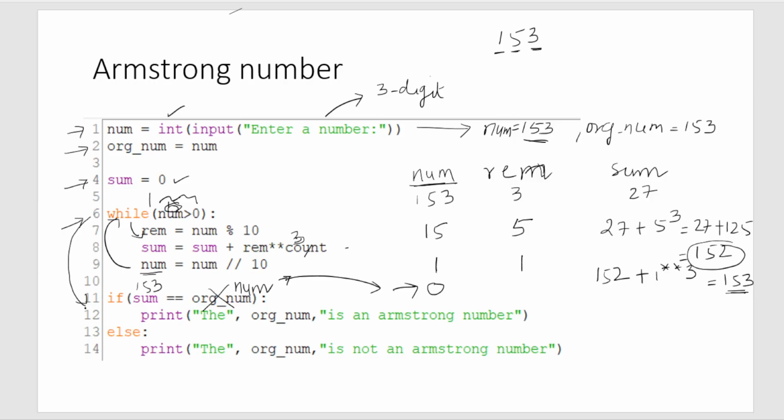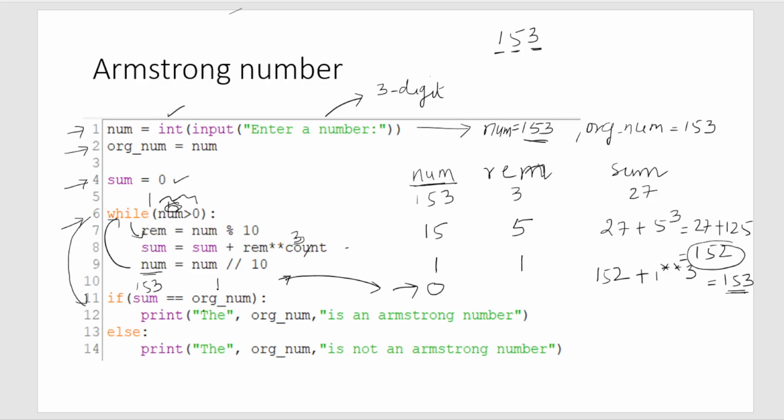In that case, you will always print that the original number is not an Armstrong number, even though it is an Armstrong number. So to remove such cases, because we know that num is going to be reduced to 0 eventually, we stored this num into an original num, and we never touch that original num in this logic.